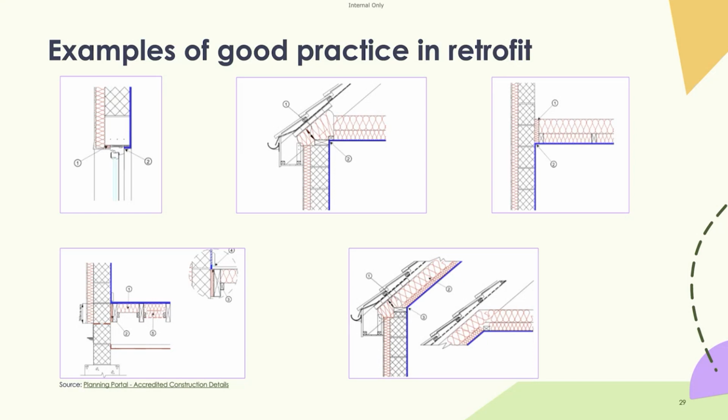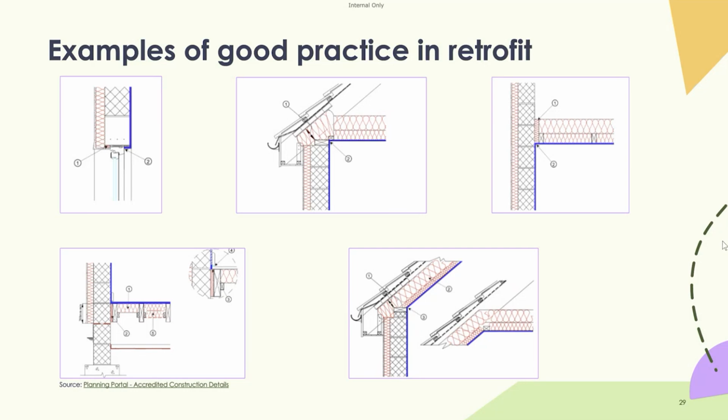Again, that perimeter insulation, this time installed below the finished floor, and again, just continuing that insulation to make sure that it doesn't abut the original block work. And then we've also got some examples there of a warm roof scenario. So we've got maybe a room in roof scenario, and again, just that insulation continues around. So you've got that continuation of insulation to ensure that the cold bridging is reduced to a minimum.